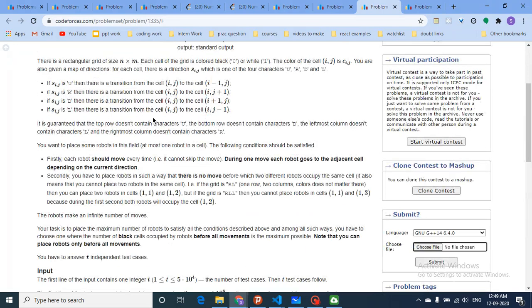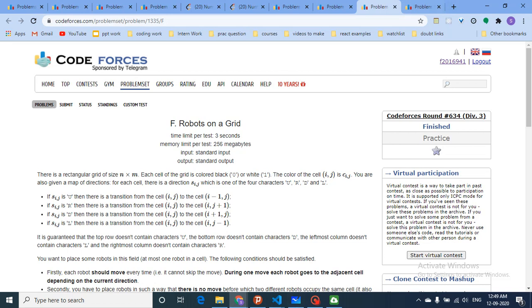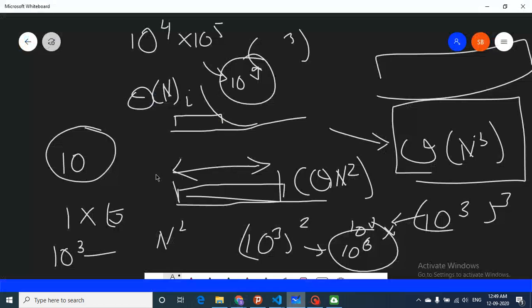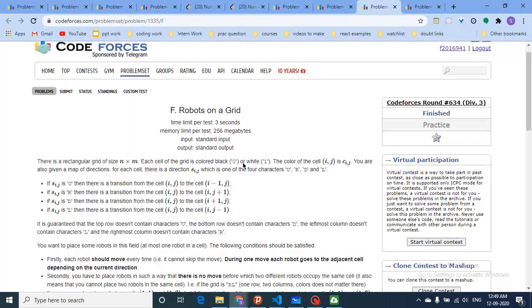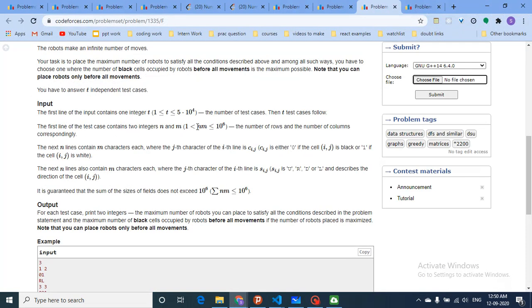Like, in many grid problems, if you are given some grid in which n and m are given, now you can see in this question, n into m is 10 to the power 6. The n into m multiplication is less than 10 to the power 6.